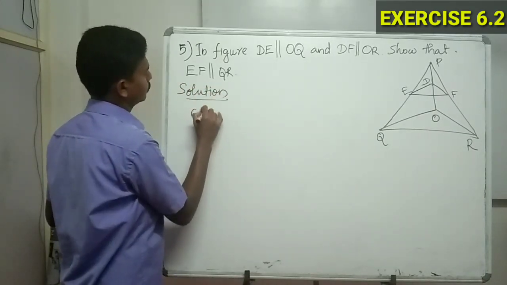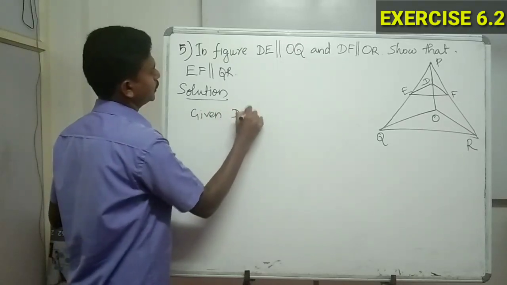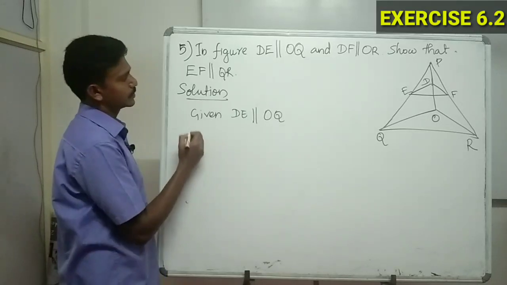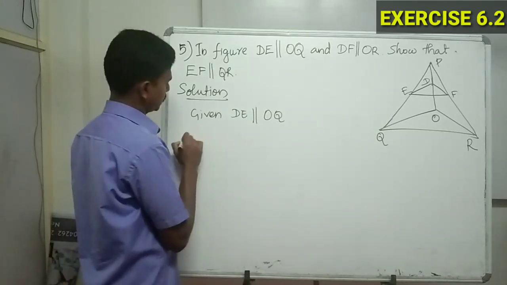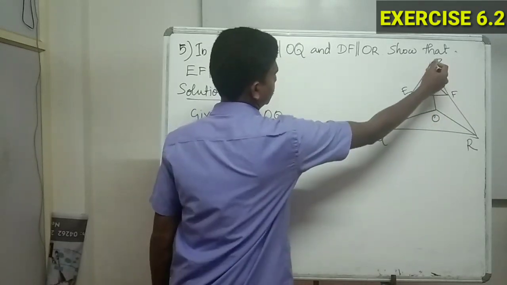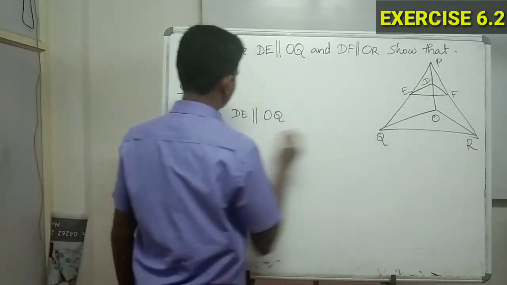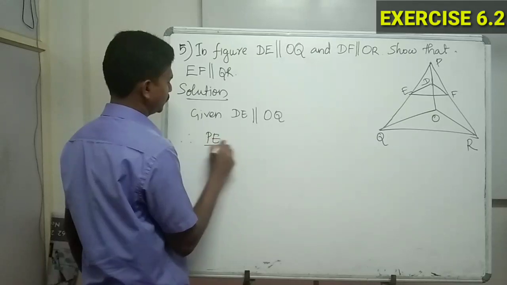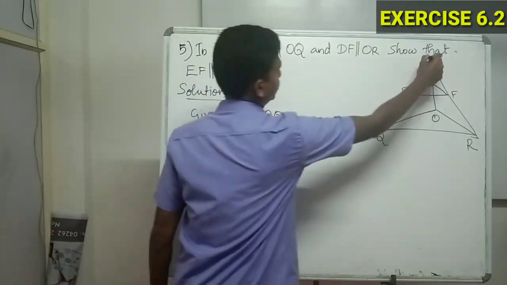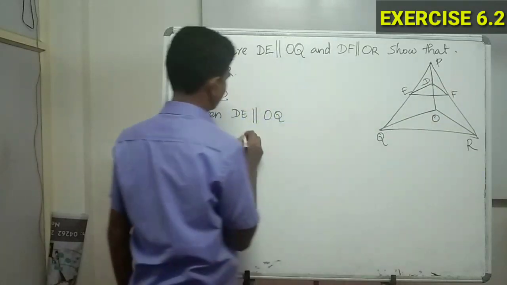It is given first, DE is parallel to OQ, therefore we can say that PE by EQ is equal to PD by DO.